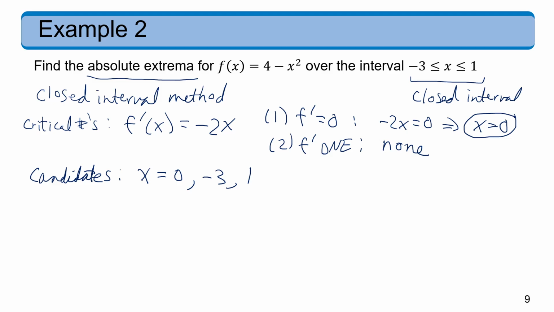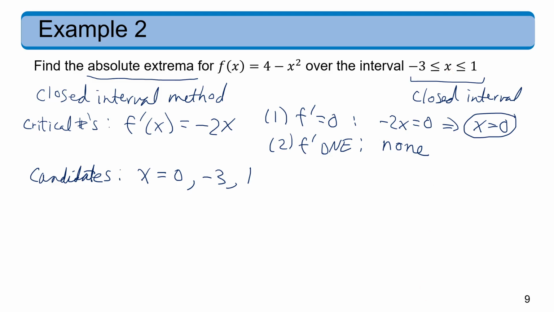And when you write out these candidates, you need to also check to make sure all the critical numbers you're listing are actually in this interval. So if we had found, say, 3 as a critical number, notice 3 is not in this interval, so we would throw it out because we're only looking at the graph over this interval. Now our critical number 0 is in this interval, so we're going to keep it.